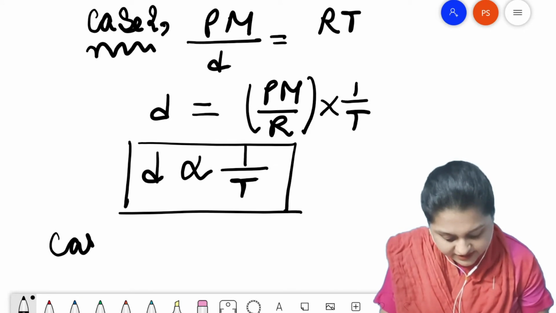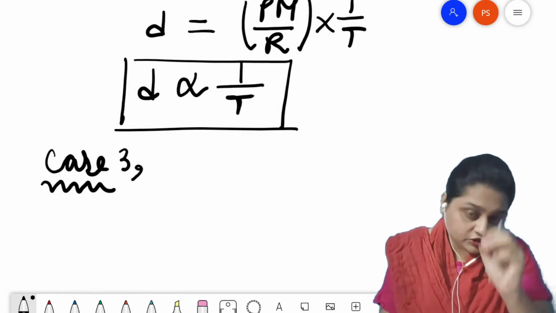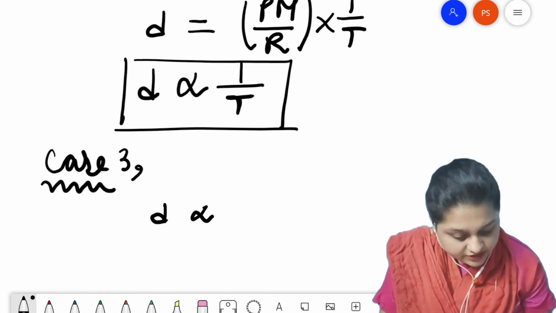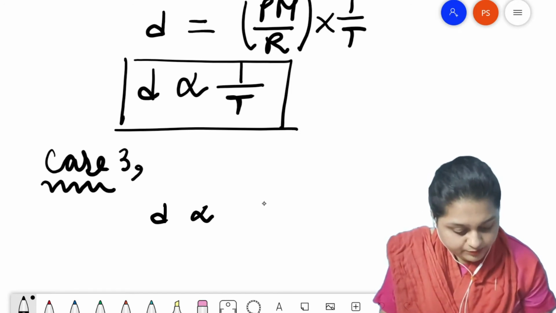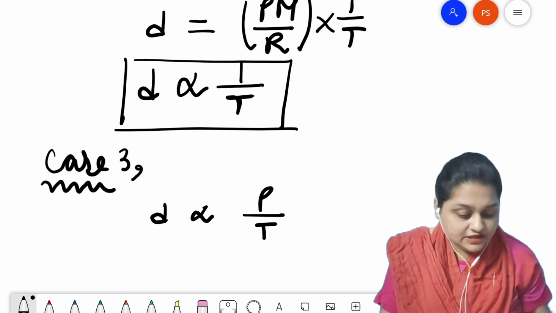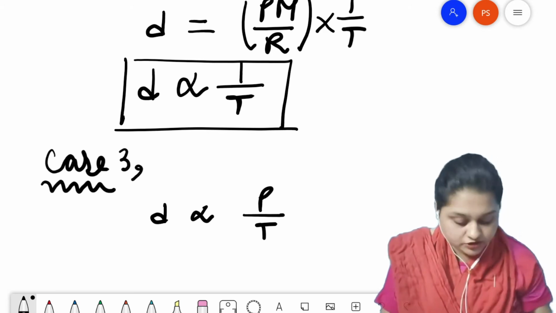The third case that can be derived is that if both pressure and temperature are altered for a particular gas, in that case the density becomes directly proportional to P by T, because the molecular mass in this case is constant, as I am observing a particular gas.